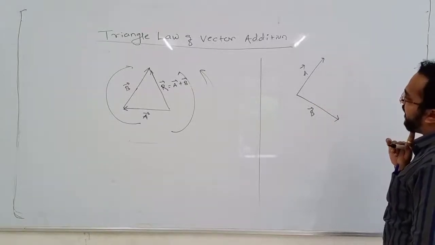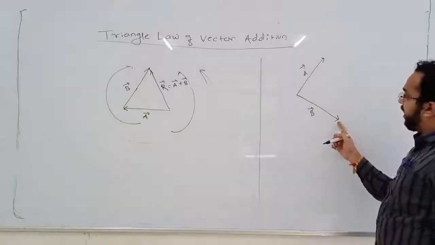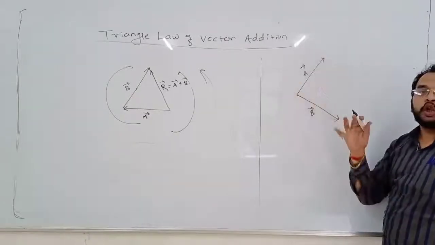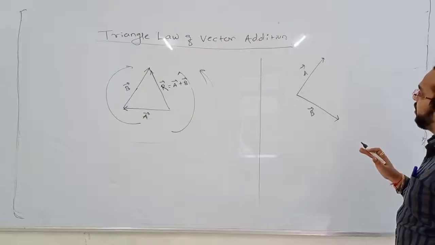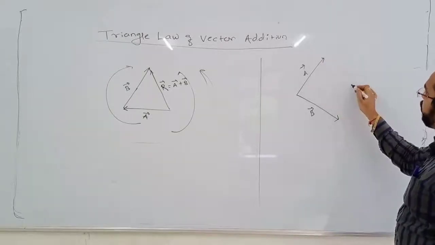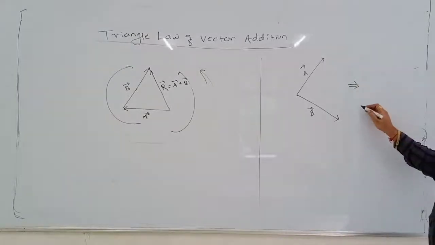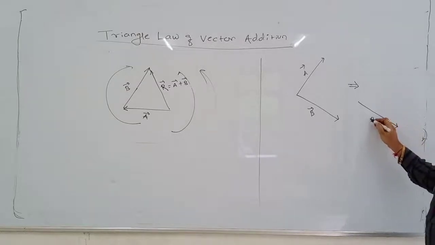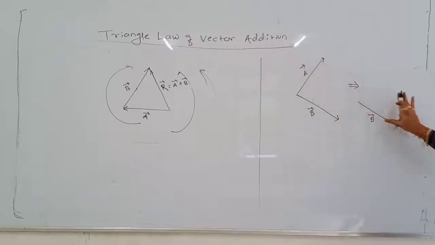But the problem is that these two vectors are not in the same sense. Head, tail, head, not in the same sense. So we need to bring these two vectors in the same sense. How to bring? If I shift this vector here, the equivalent figure will be: this is vector B as it is, and I will shift this vector A here.